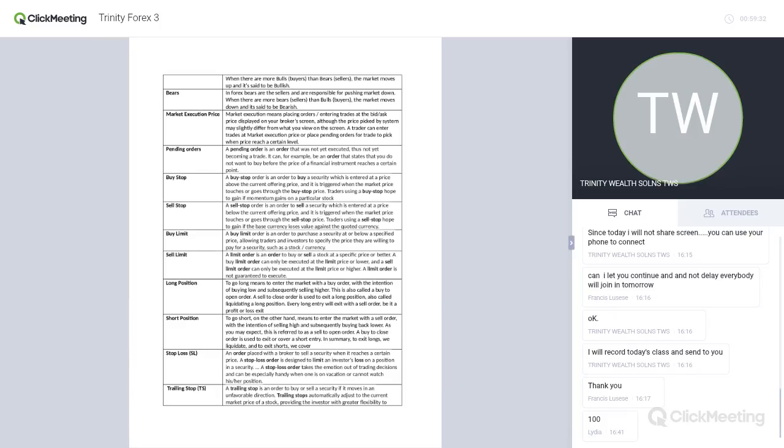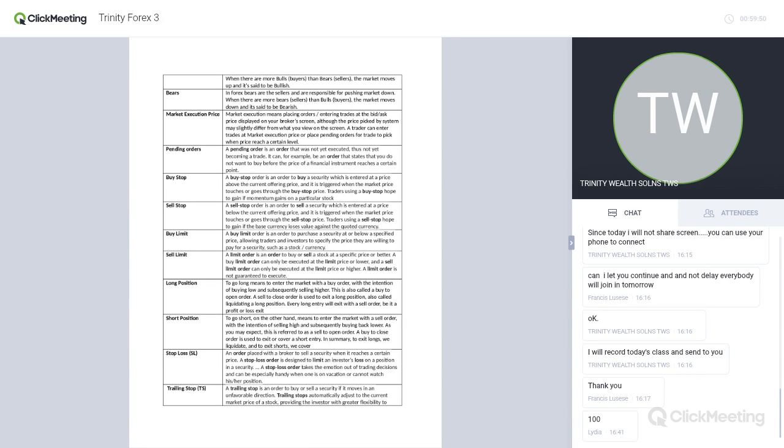When there are more buyers, just like any other commodity, if the demand is more than supply, the price goes up. Same case, if you have more bulls for that particular pair, the pair goes up and up and up.